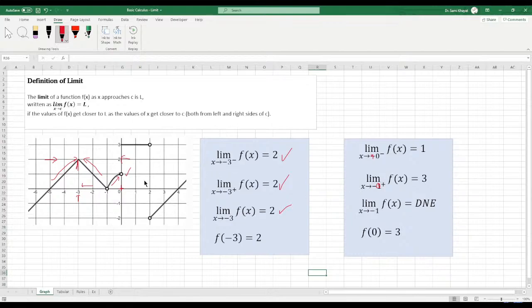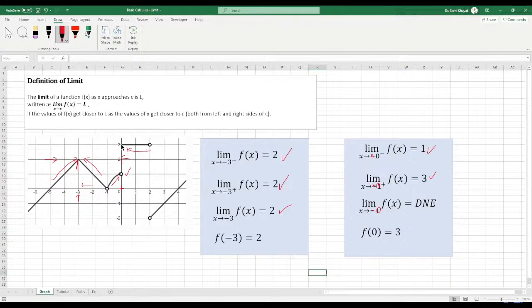If you approach 0 from the right side, meaning coming from here, you will reach 3. Now, we can see, if we come from the left side, you will reach 1.